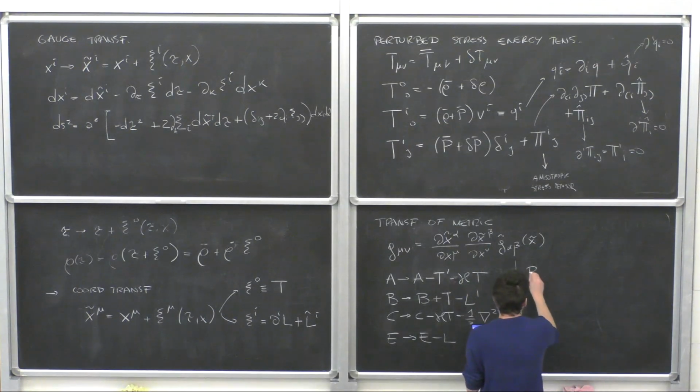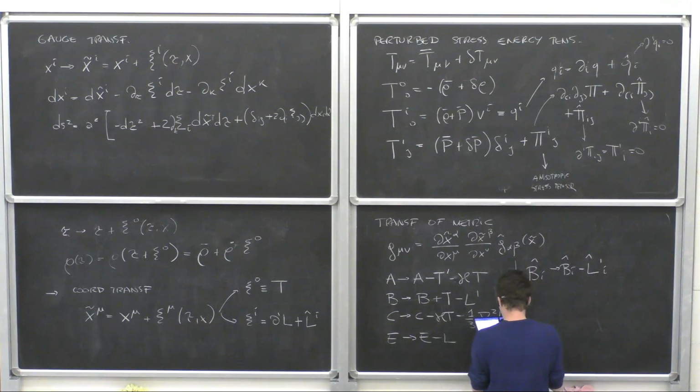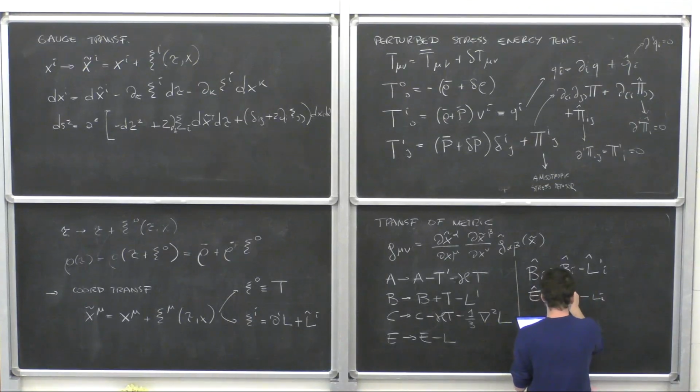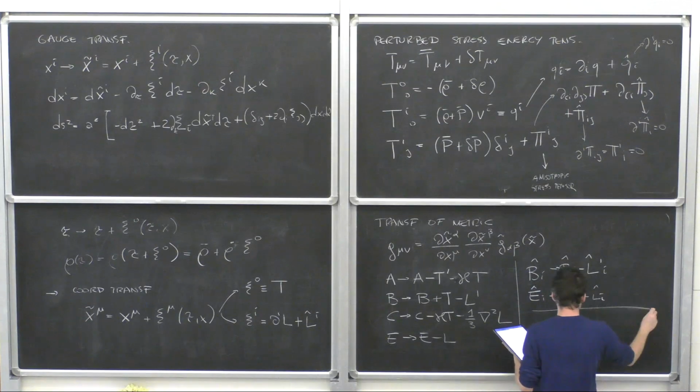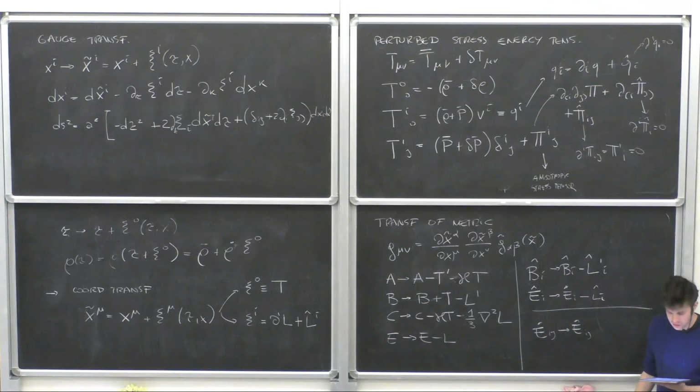Then the vector sector transforms in this way. B i goes into B i minus L prime i. E i goes into E i minus L i. And then the tensor part is invariant. Okay?